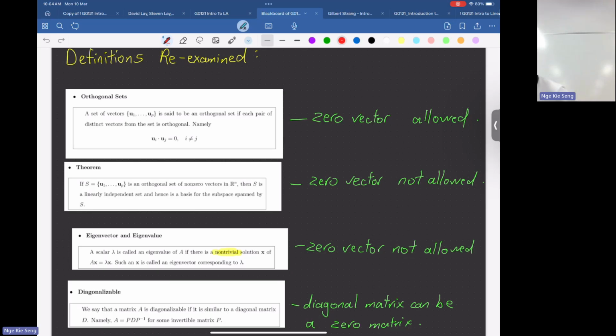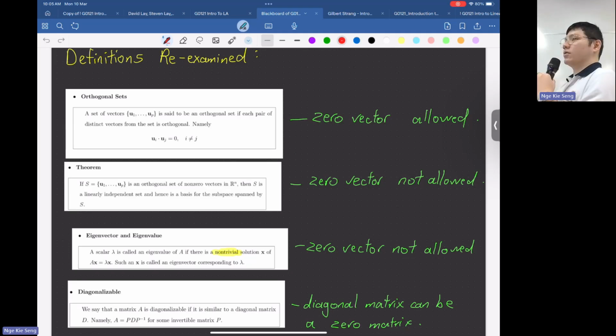So I put out some definitions here. Sometimes it's important that you know whether the zero vector is allowed inside the definition or a certain theorem. For example, this orthogonal set: we said that a set of vectors is orthogonal if each pair of distinct vectors from the set is orthogonal, so you need to check that for every pair their dot product is 0.